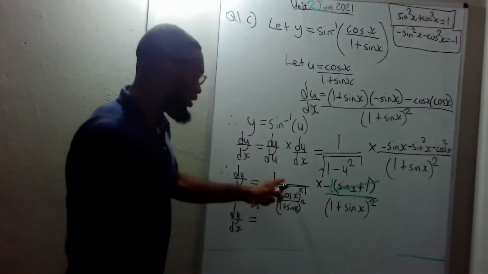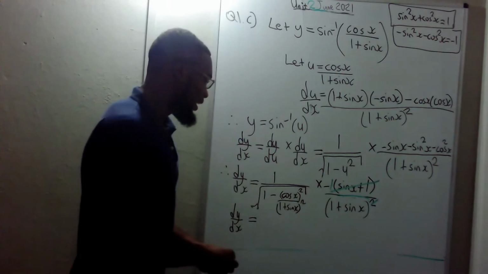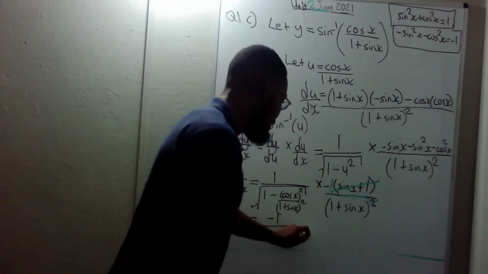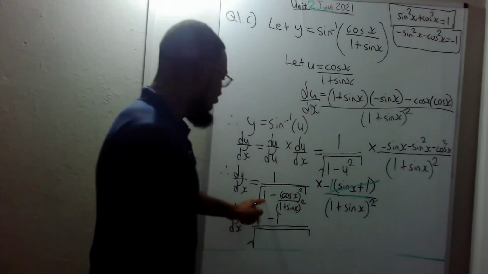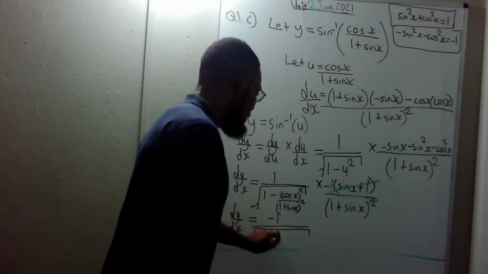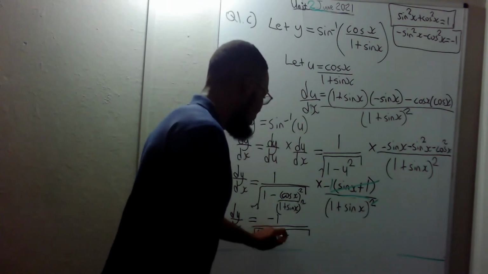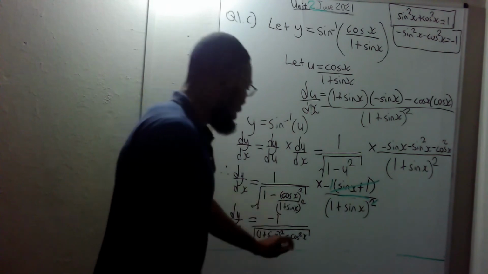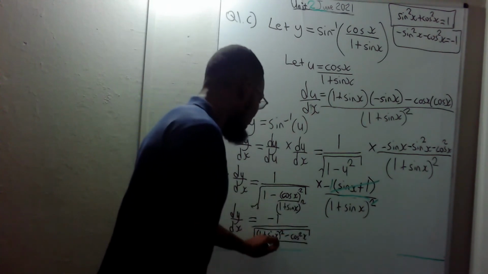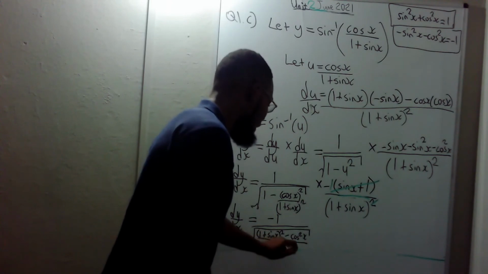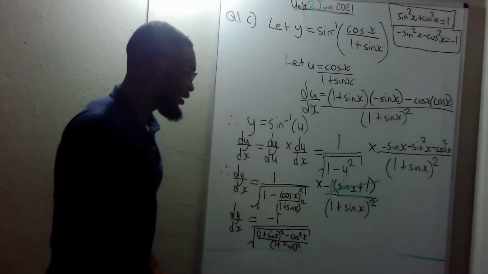So now we can multiply 1 times minus 1 to get minus 1 over the square root of, rewrite this one as 1 plus sin x all squared minus cos squared x, all over 1 plus sin x all squared. That's this part right here.